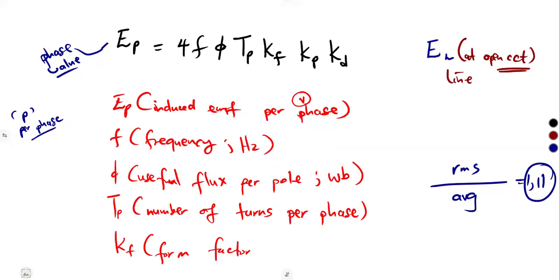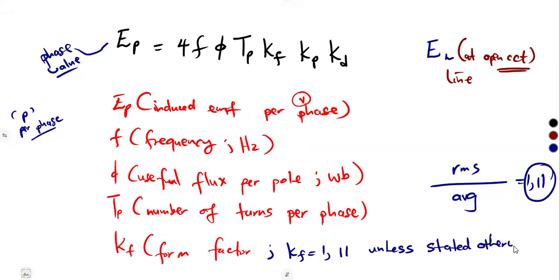So in case of the form factor, you are going to use 1,11 unless stated otherwise. All right? Unless stated otherwise.